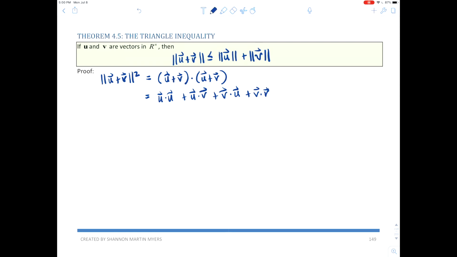Cool, cool? So this will be what? u dot u plus 2 of these u dot v's plus v dot v.